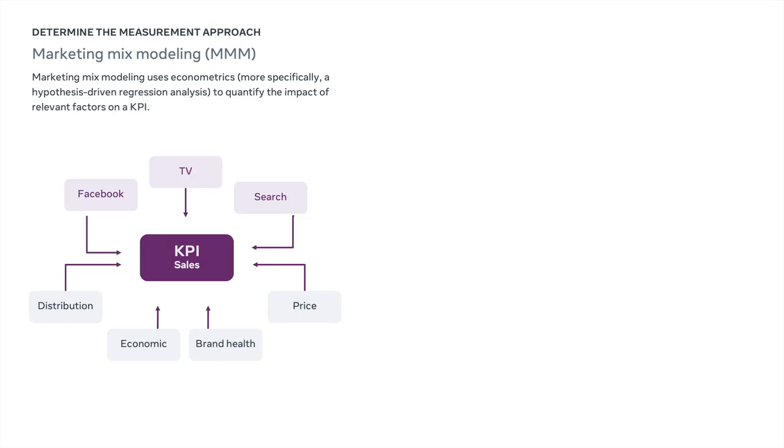The coefficients are what the change in the variable means for the KPI. In other words, the coefficients in the equation show what a change in each variable means for your KPI.